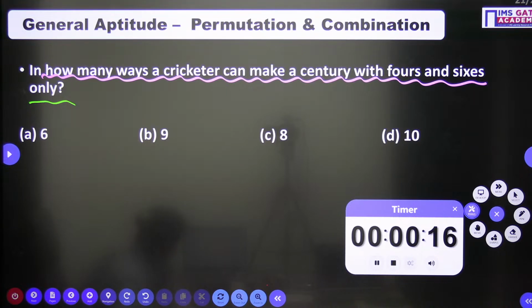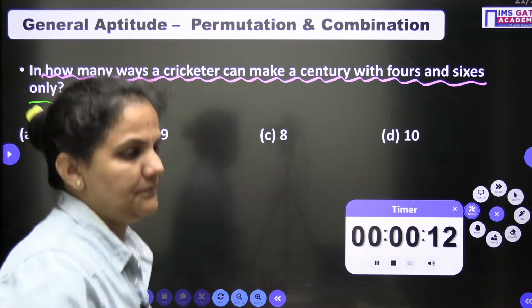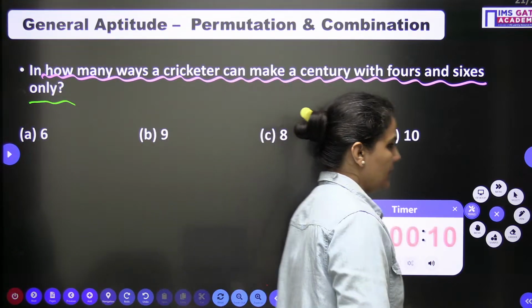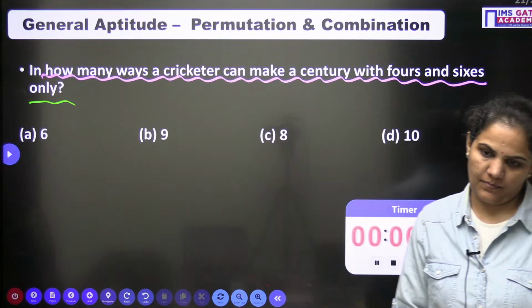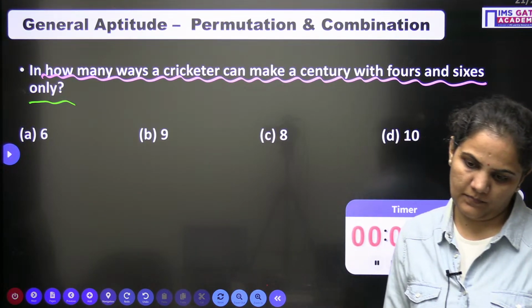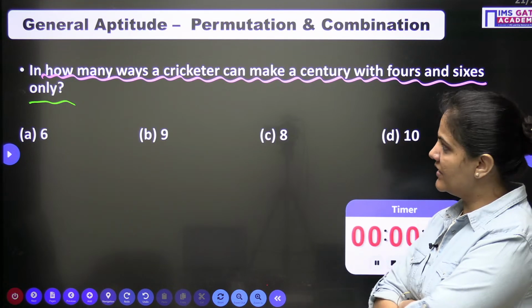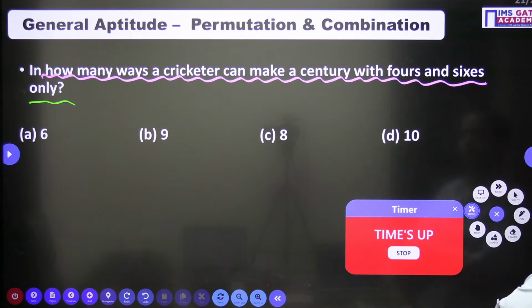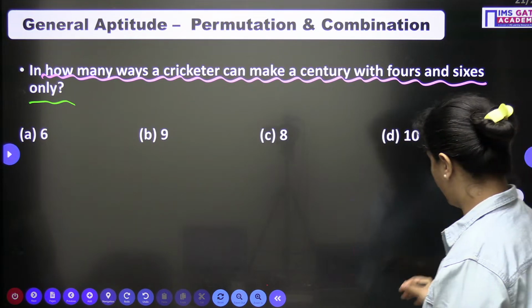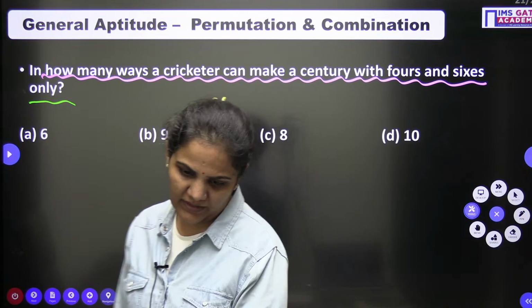Yes, children, tell me what is the result? What is the possible approach? You should reply. You should approach this one very easily.